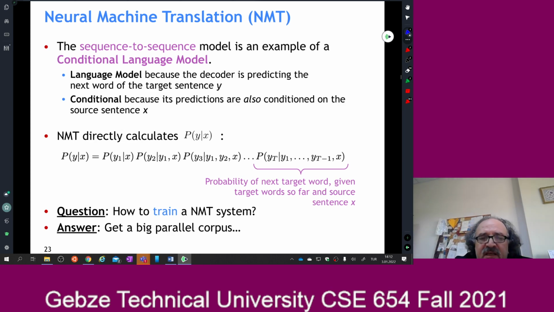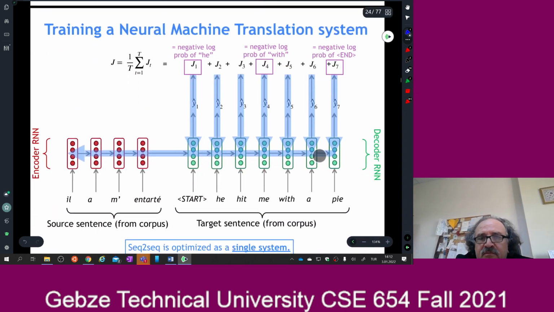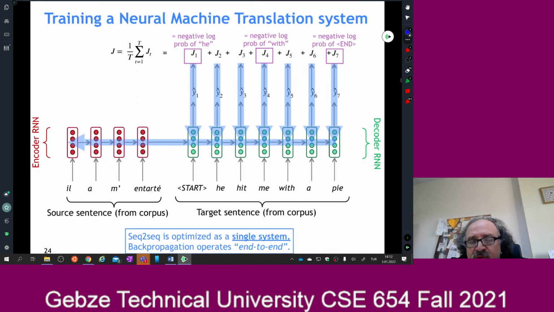So how do we train neural machine translation systems, like the statistical systems? We get a big parallel corpus, and this is what we do. If I know that this sentence corresponds to this sentence, then when I say start, it should give me a he.